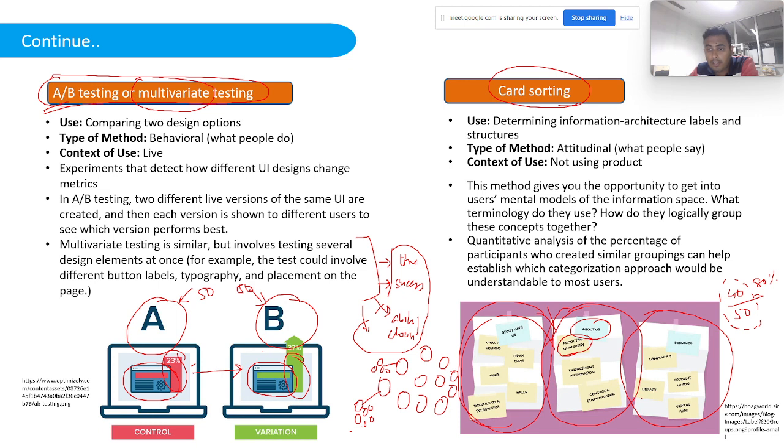Similarly, if you see library under about us, it is like 10%. So only 10% of people select library under about us. That's why it's not a common feature, and we can reject that particular count. So this is how we can use card sorting to get to know about the mental model of a population by identifying the pattern based on the percentage of occurrence.